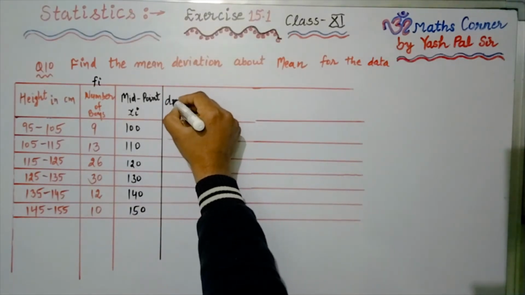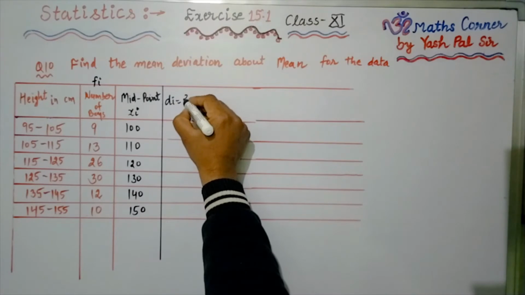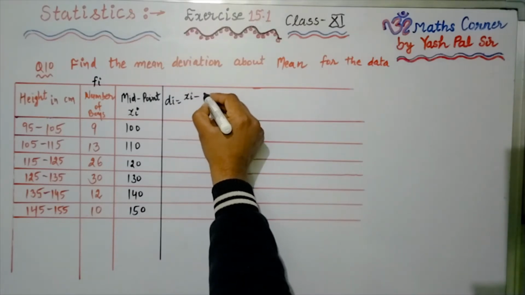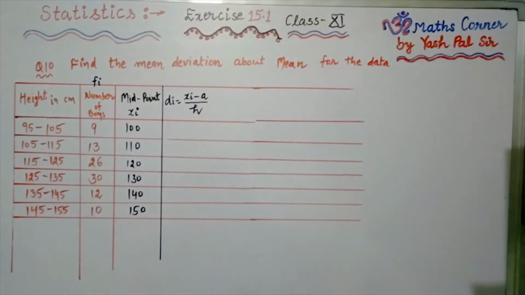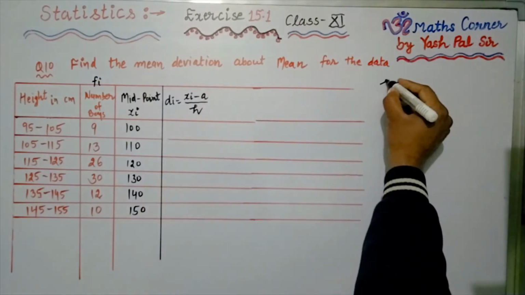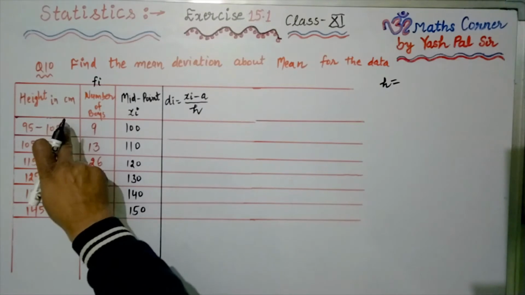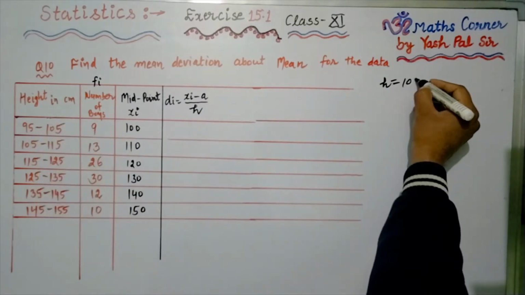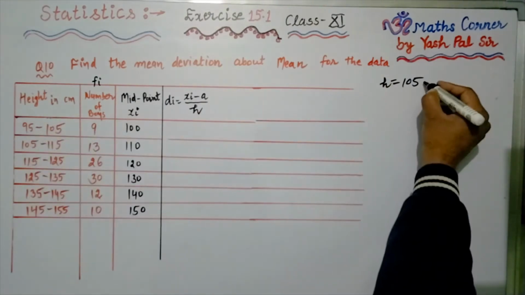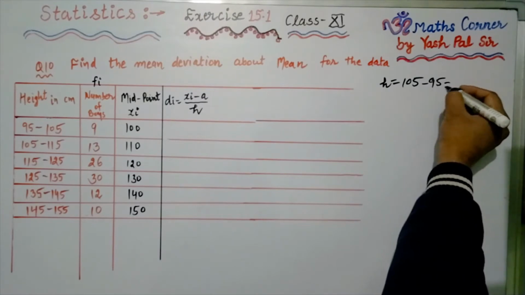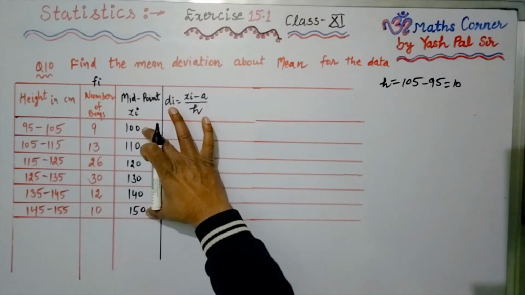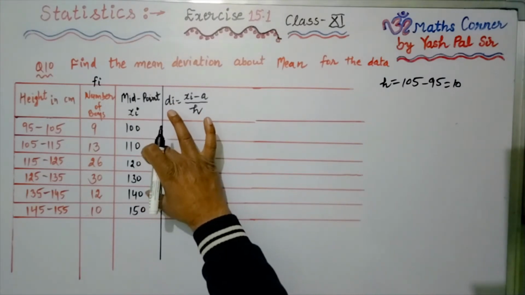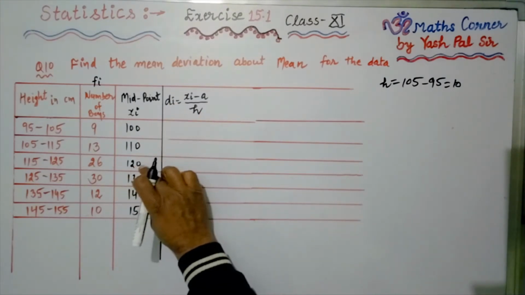Right? Now we find di. What is di? This is equal to xi minus assumed mean divided by length of class interval. So first of all, length of class interval h, this is 105 minus 95, which is equal to 10. So assumed mean, in between which term is there?